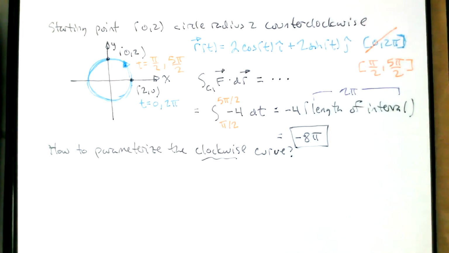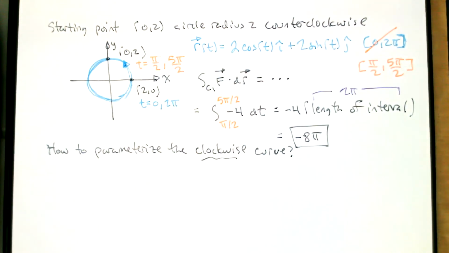So that still leaves us with this question. How do we parameterize the clockwise curve? We know that the starting point doesn't matter.